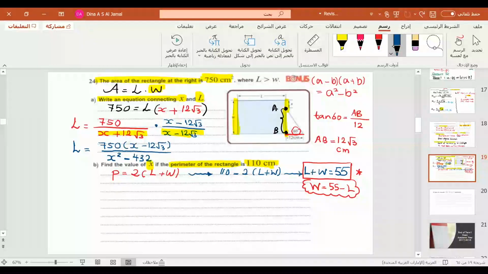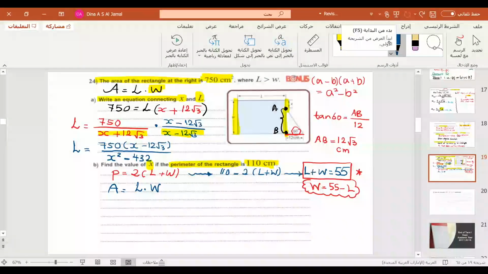Now, let's go to the area. We had the area previously, and it was all about L multiplied by W. So now I'm having W as an equation with L. So let's substitute the numbers.